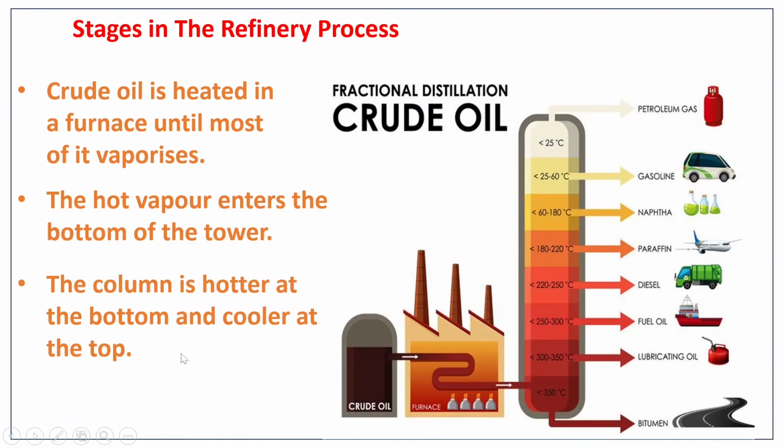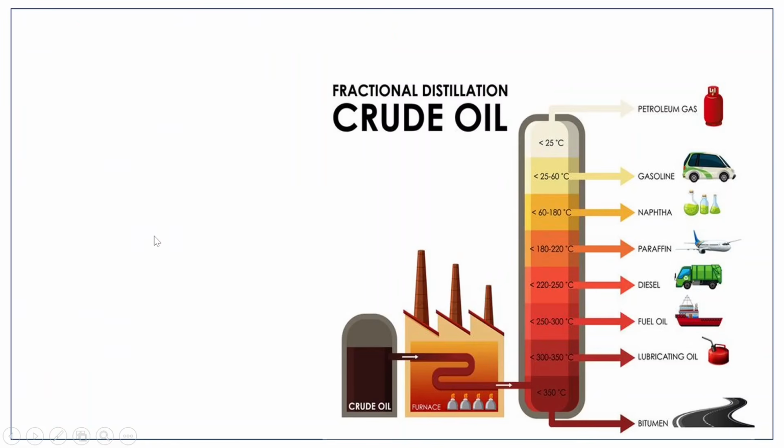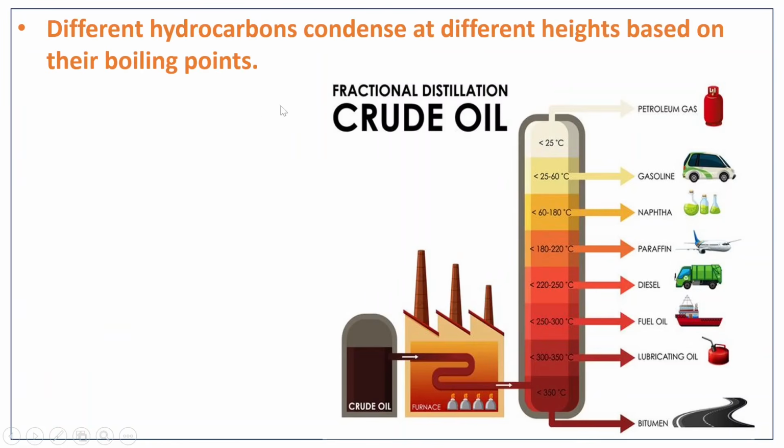Once crude oil is heated to vaporize it and it enters the bottom of the fractionating tower, the next thing is that the column is hotter at the bottom and cooler at the top. So the column, as you see it here, is hotter at the bottom and then cooler at the top. So different hydrocarbons now condense at different heights based on their boiling points.